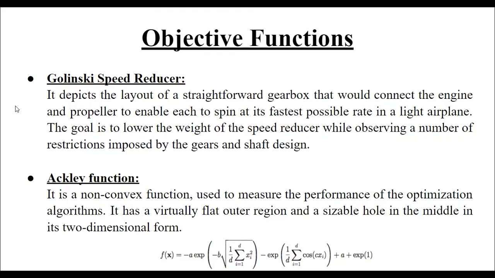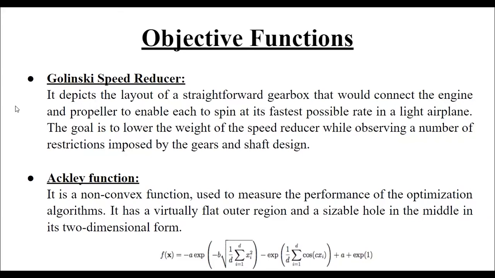So it is basically an engineering problem which we are trying to solve. And there are 7 design variables that are available to the optimizer, and each has an upper bound and a lower bound imposed. So this means that we need to get the most optimized weight, taking into consideration all the other parameters that are available to us.